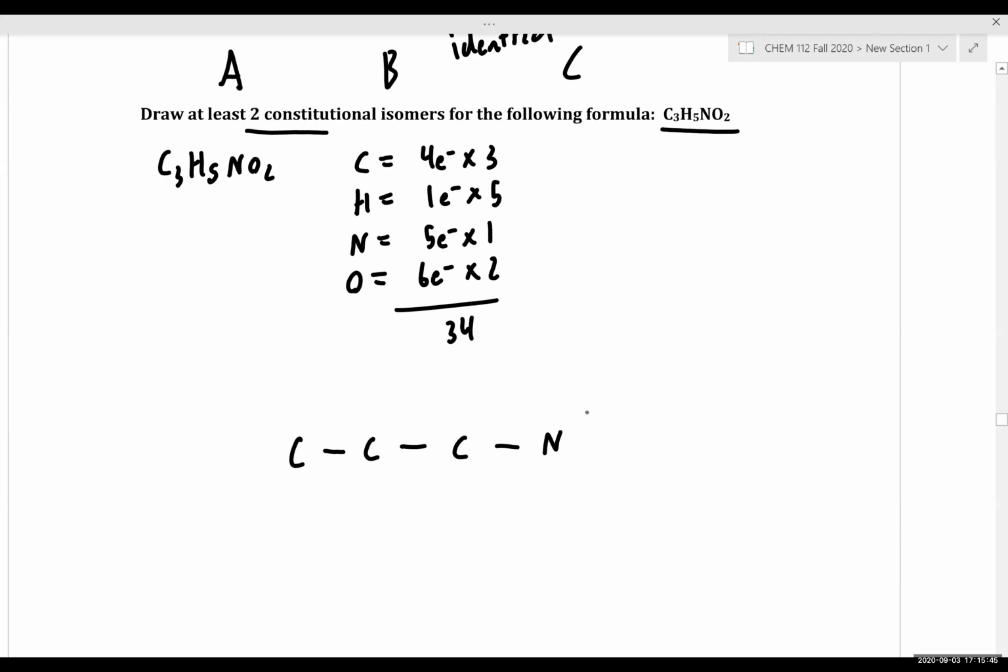I'm going to draw out my skeleton. This NO2 is a common functional group known as a nitro group. So I'm going to try to keep that together if I can. I'm going to form 1 bond each. So we have 30, and I'm going to include my hydrogens. 2, 4, 6, 8, 10, 12, 14, 16, 18, 20.